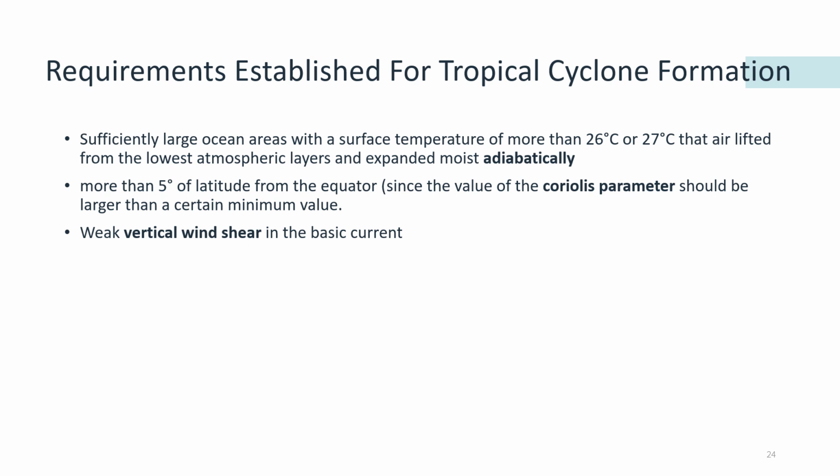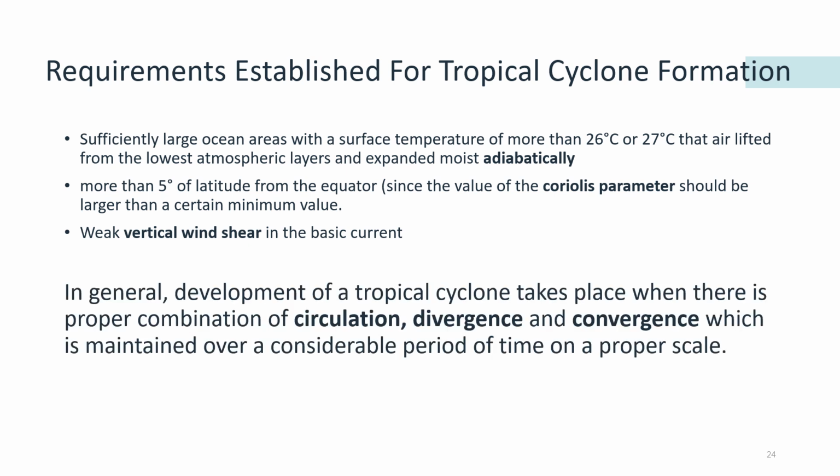Not all these areas of organized convective activity develop into tropical cyclones or greater intensity, but it could also be an area of active storm formation. So with these factors that exist, a large ocean area, this is where the tropical cyclone forms, triggered by weak vertical wind shear more than 5 degrees of latitude from the equator.